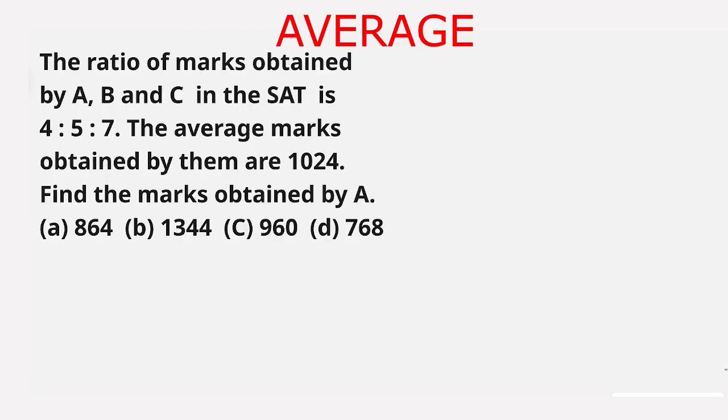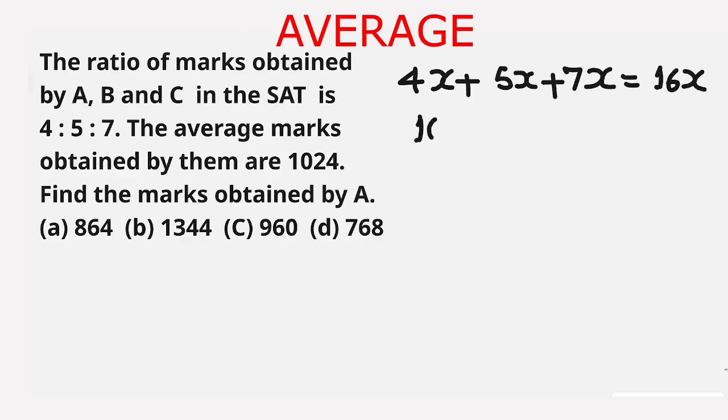So we can write the marks of A as 4x, marks of B 5x and marks of C 7x, and their sum is 4x plus 5x plus 7x equal to 16x, and the 16x is equal to the total marks obtained by them, 1024 multiplied by 3, as their average is 1024, and this is equal to 3072. 1000 times 3 is 3000 and 24 times 3 is 72.